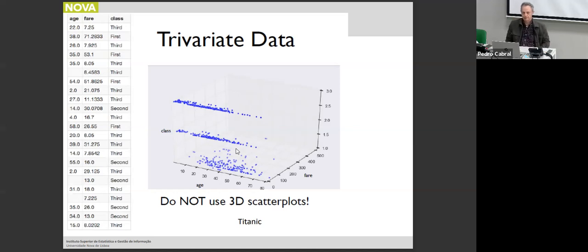So as I mentioned before, we should avoid the use of 3D for our representations because we have the occlusion and distortion effects, okay? So we might be hiding some data depending on the perspective, okay? So don't use 3D unless it's required or unless you provide some kind of interactivity possibilities to the user. Otherwise, you might be hiding some data, okay? Which is very frequently the case, okay?